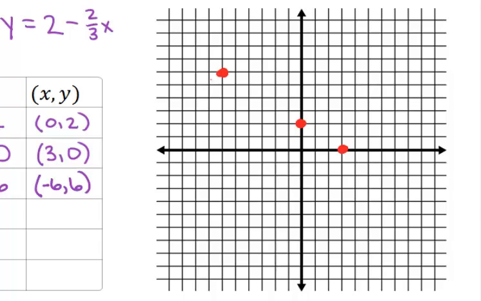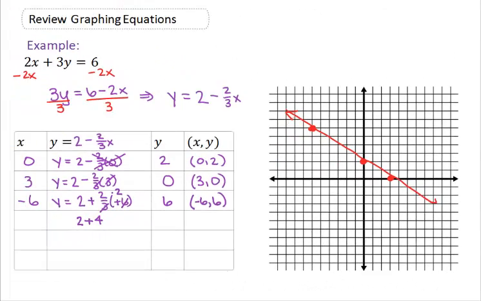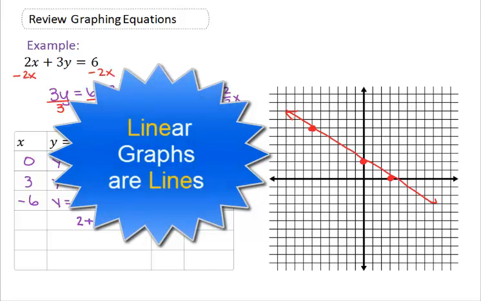All of these points are lined up, so that tells us that the graph of this is going to be a straight line. So all degree 1 equations, or all linear equations, are going to have a straight line graph. Every graph that we're going to create in this section of videos is always going to be a straight line.